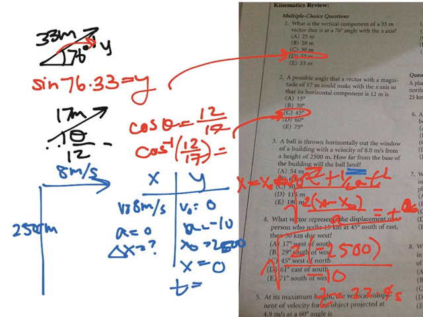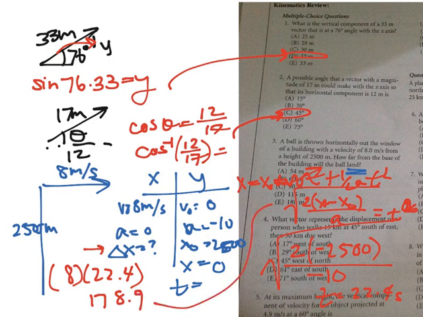Then we can go ahead and plug this in, and on range, the velocity is the only thing that matters. Since there's no acceleration, all we want to know is the change. So we're going to have 8 times 22.4, which gives you 178.9, which we can round to 180, or e.